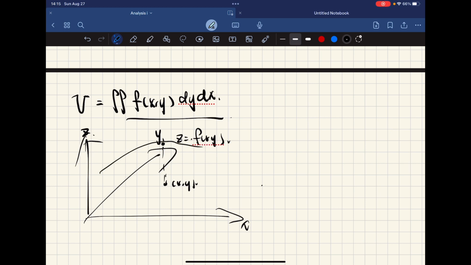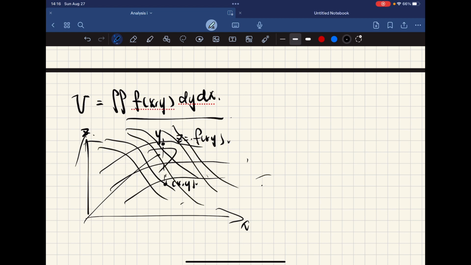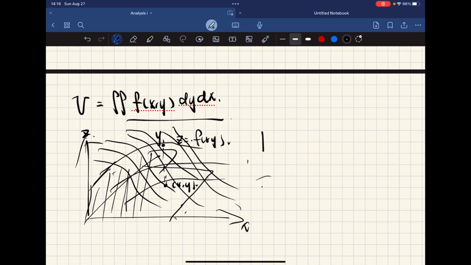For instance, if the function looks something like this, sorry for the poor drawing, I'll try to improve later on. Then if you integrate over this rectangle, you can interpret the entire integral as calculating the volume under the surface. Let me try my best drawing. So you can calculate this strange volume.